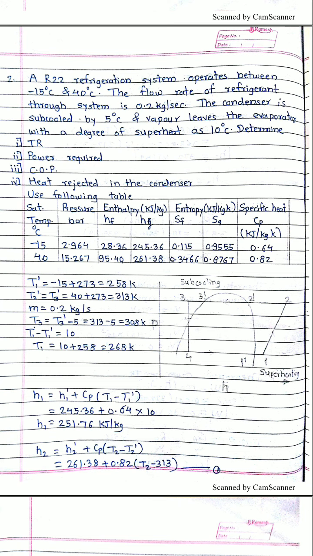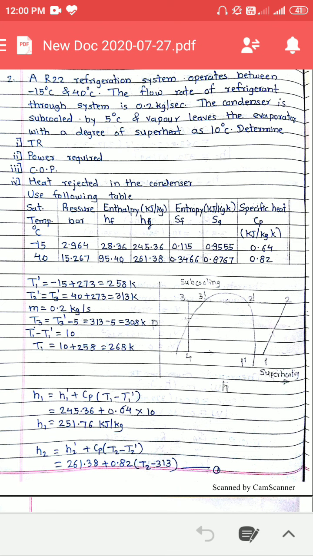That means T3 in this case is T3 dash minus 5, where T3 dash is 40 degrees Celsius. So first we will draw the pH chart, but here the pH chart is somewhat different because the subcooling is given. That's why the point 2 to 3 line is extended inside the liquid region.